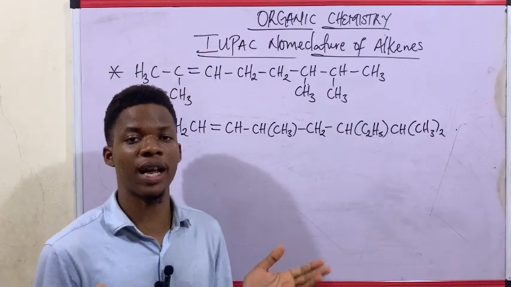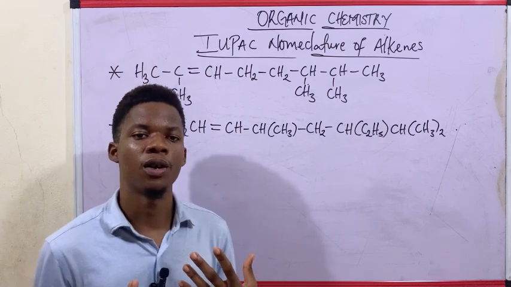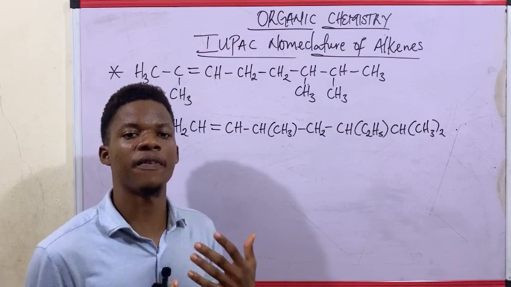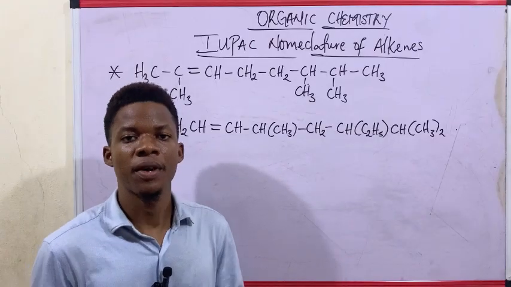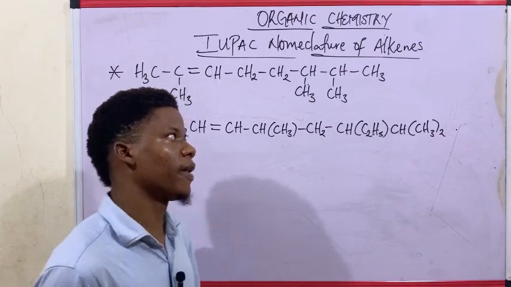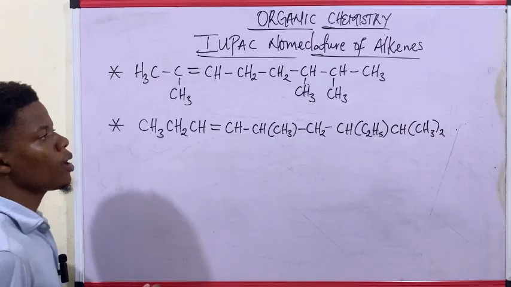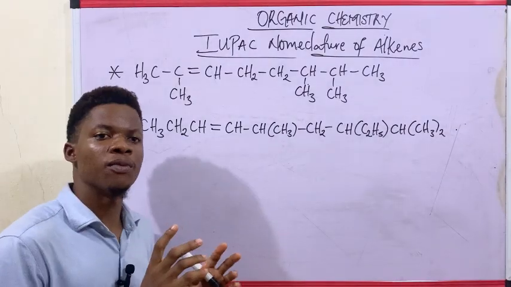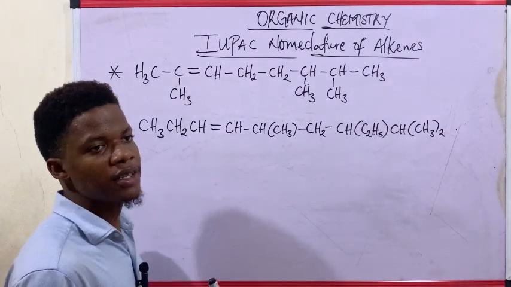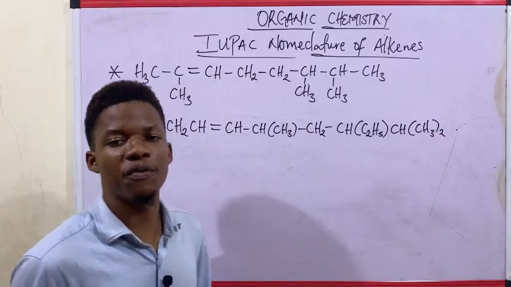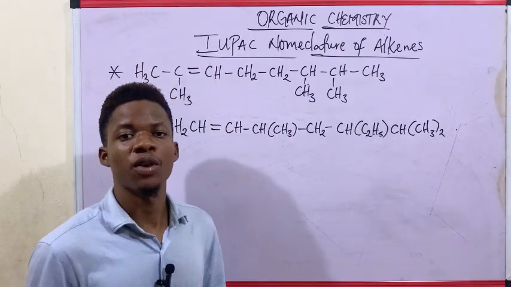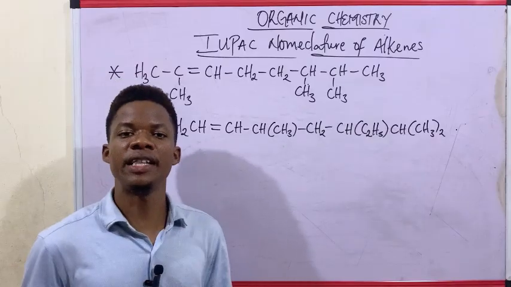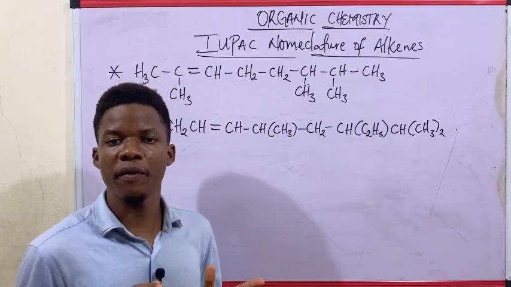There's nothing like the superior rule, but I feel being able to identify the parent chain is one of the most important steps in IUPAC nomenclature. In alkanes without functional group, any direction can give us the parent chain, but in alkenes and alkynes with functional group, not any direction gives us the parent chain.